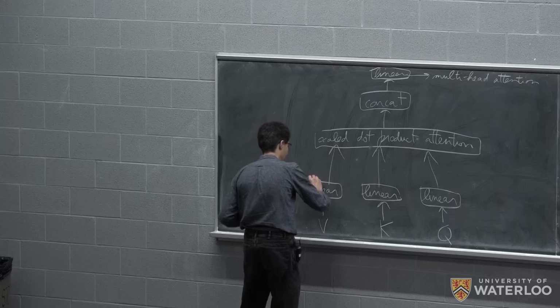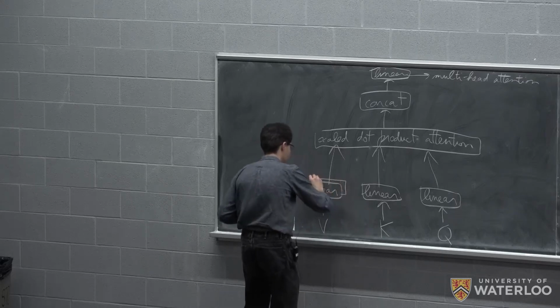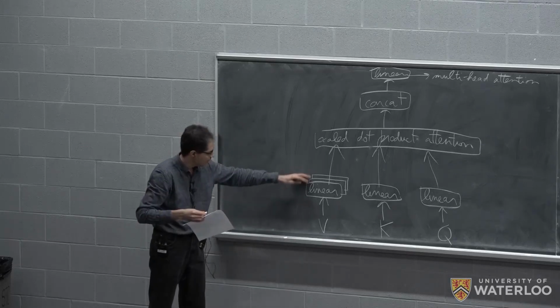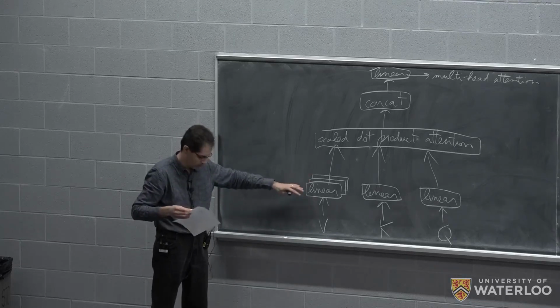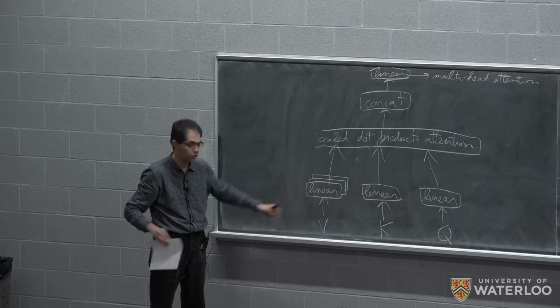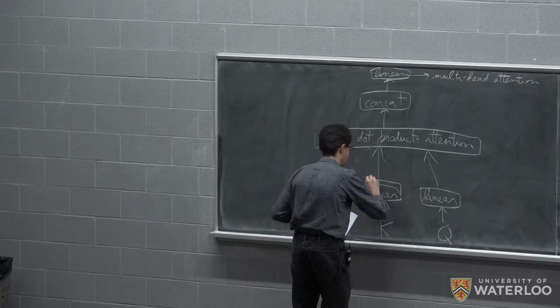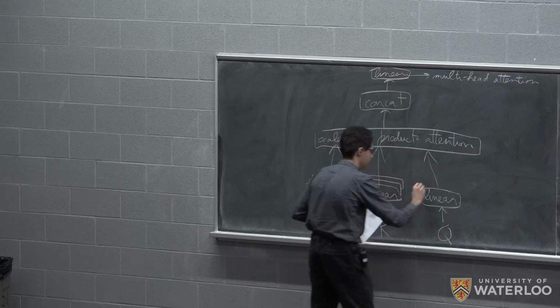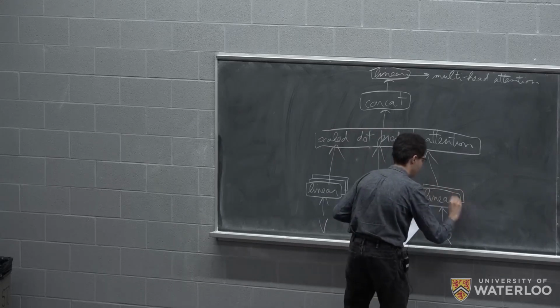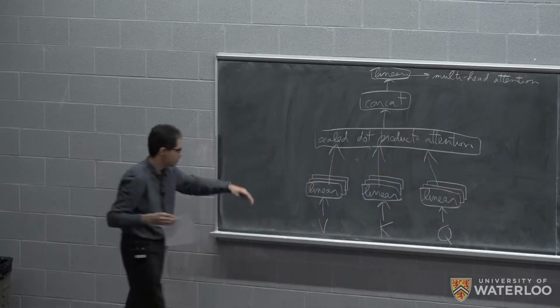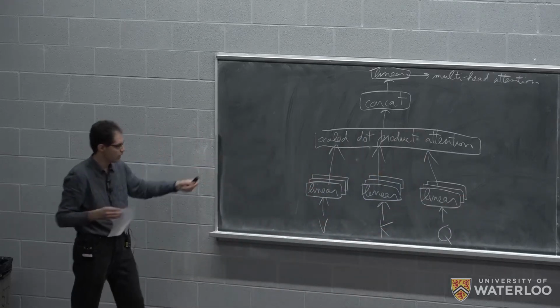So here, I'm going to use this to indicate that I could compute 3 different types of projections by looking at 3 different linear combinations of the values. Same thing for K. Same thing for Q. So that I get essentially 3 different projections.